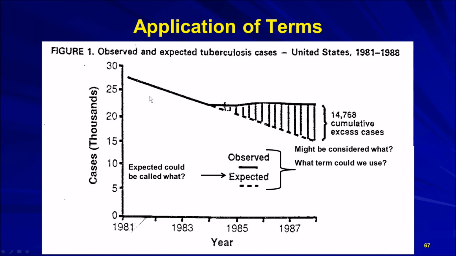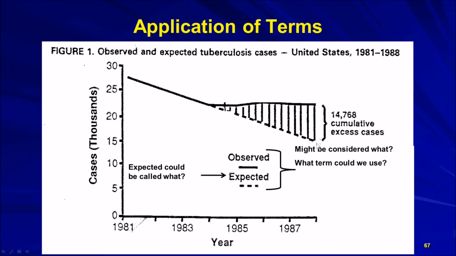But this indicates, if we follow the solid line up to this point, this would be the endemic state. This is what we would expect, because it begins to decline, so we assume that it's going to continue to decline. But instead, what happens, it takes a turn and it levels off.